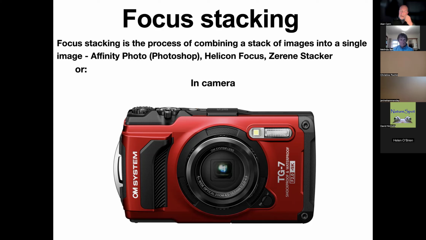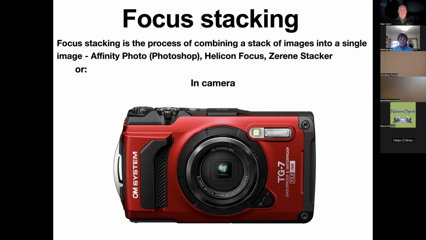Now, I did say that to create this series of images so that the software in the camera, or the software on your computer, can recombine them, you have to hold the camera still. You can't have any movement in the camera. By the same token, you also have to have a subject that's not moving.